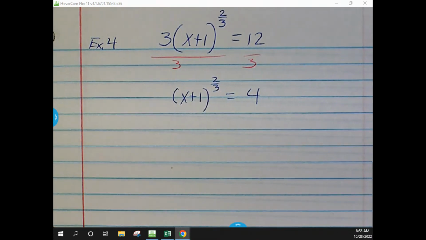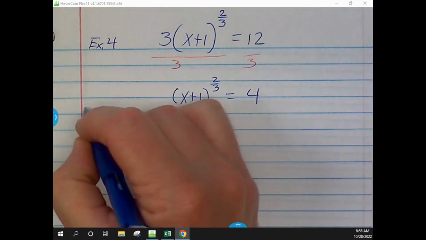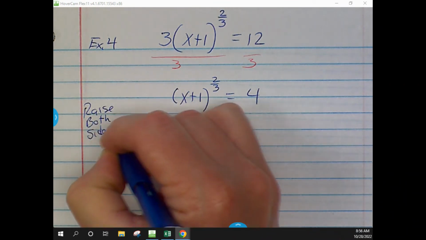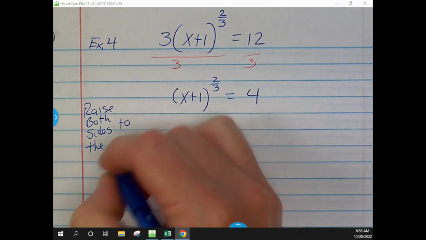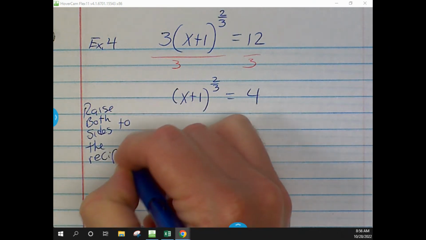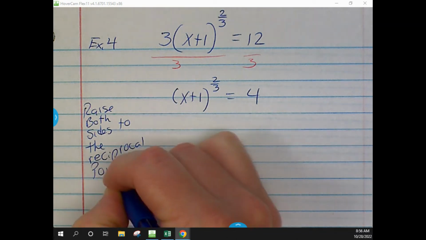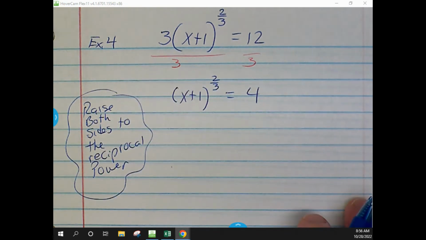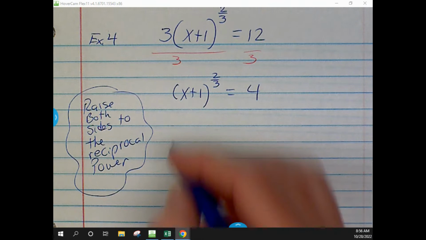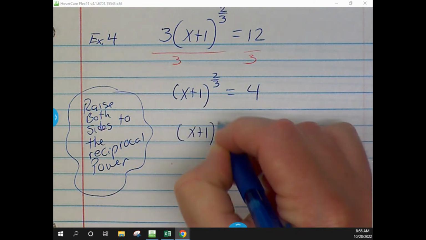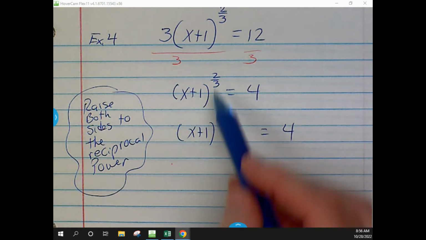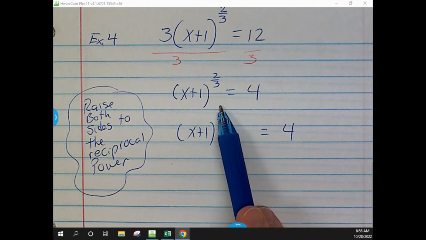Now, you can rewrite it where it's in radical form, but here's the shortcut. If this thing is an exponential power, what you want to do is just raise both sides to the reciprocal power. So where we've got the x plus 1 to the 2/3 power equals 4, because we want this thing to go away so that there's just an x plus 1 that's here.